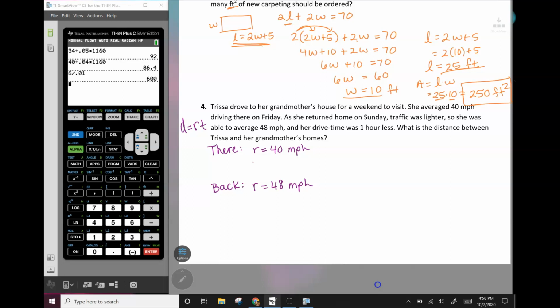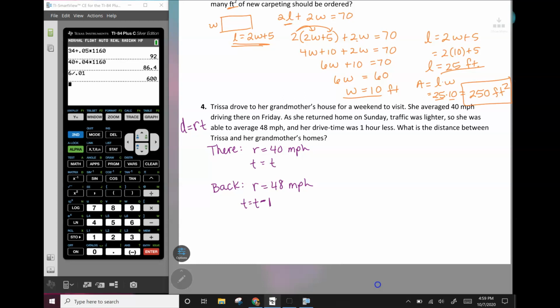We don't know on the way there how much time she took, but if she took T hours on the way there, then she took T minus 1 hours on the way back because she took 1 hour less. So the time here equals T, and the time here would equal T minus 1.